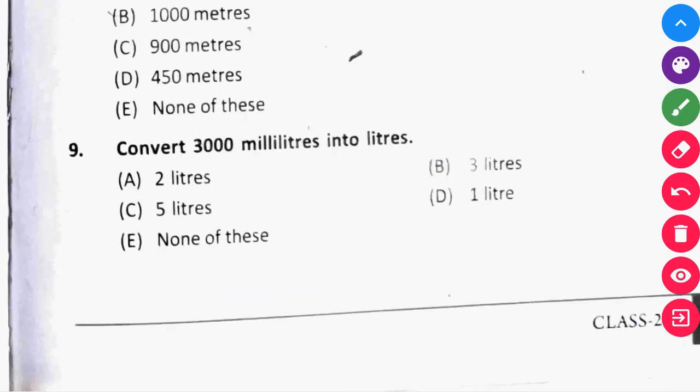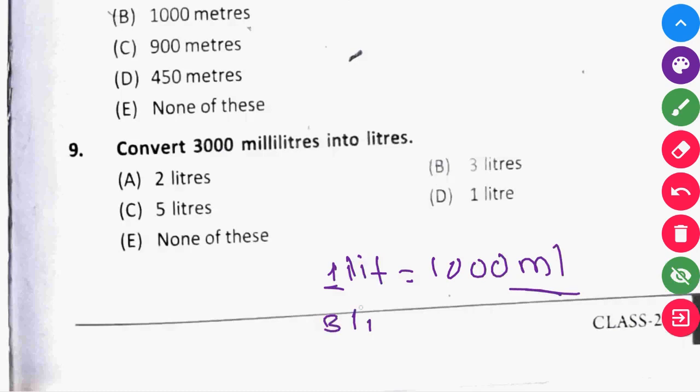Convert 3000 milliliters into liters. Now we all know 1 liter is equal to how many milliliters? 1 liter is equal to 1000 milliliters. Now you have 3 liters.